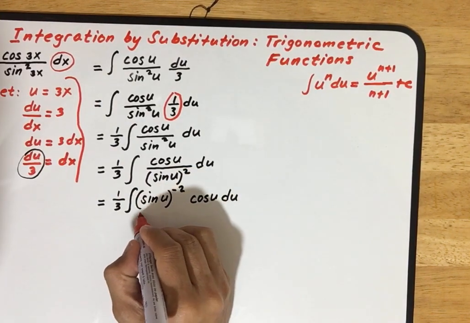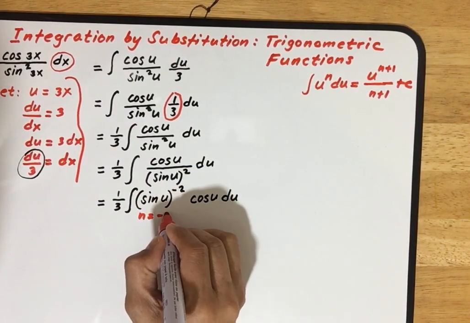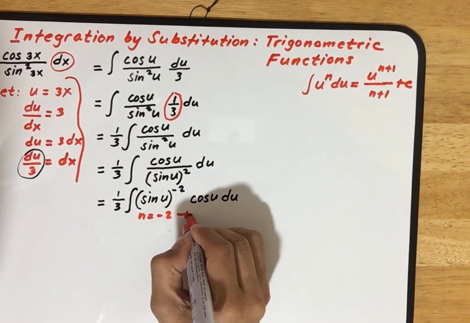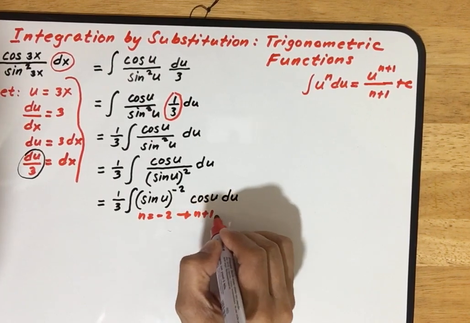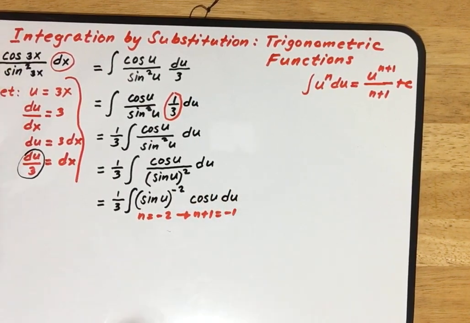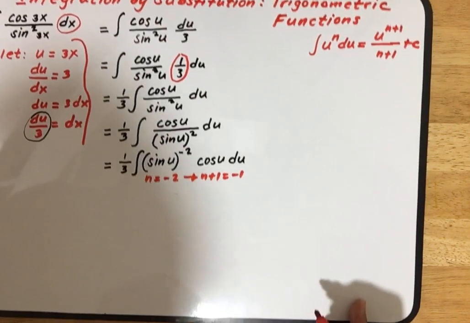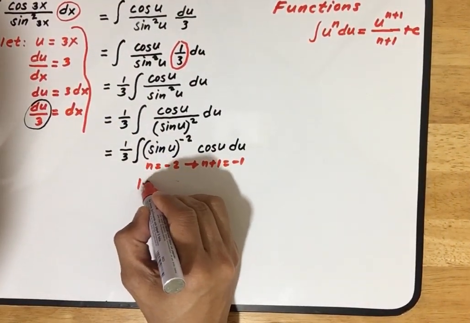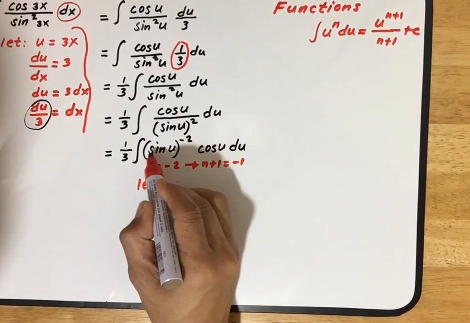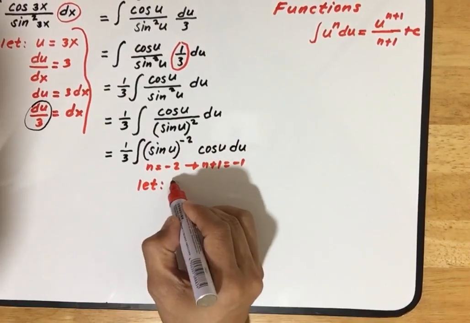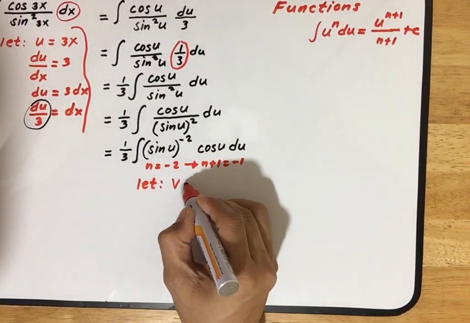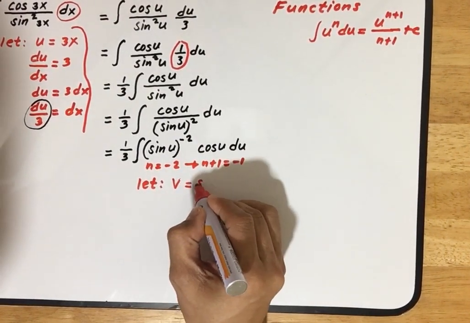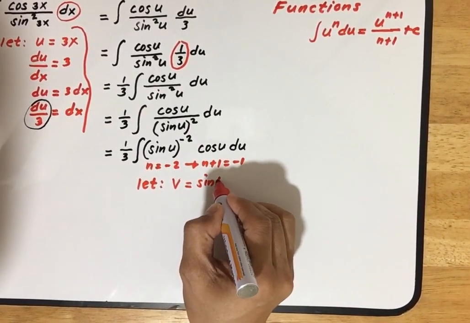So from here, our n is equal to -2, so our n plus 1 is equal to -1. Alright? So here we can let another variable to represent this. So we can let v equal to sine u.